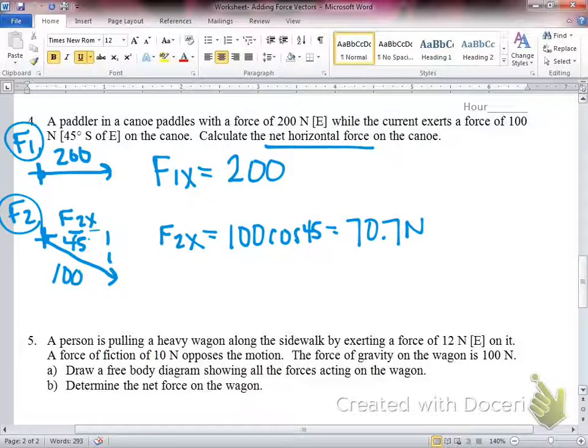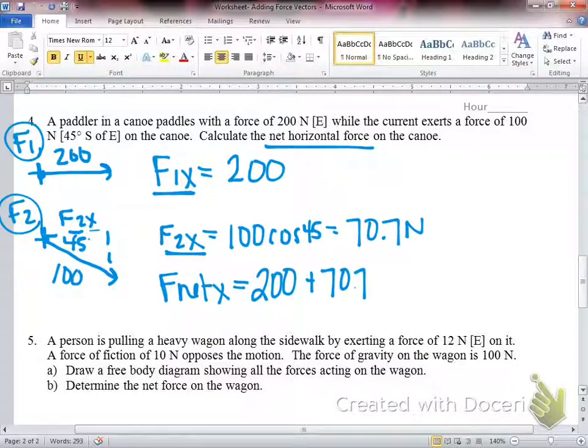Now if we want to find the net horizontal force, we're going to take F net in the x direction, and we're going to add together all of our rightward forces, which F sub 1x is headed to the right, and F sub 2x is headed to the right. Do we have any leftward forces?